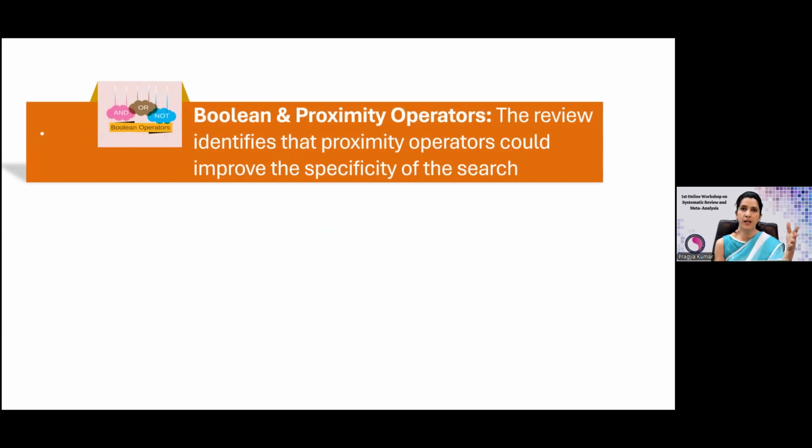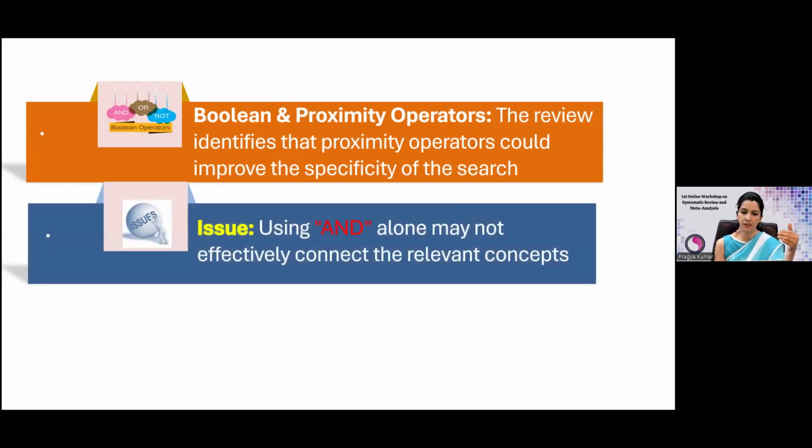We have not talked much about the proximity operators, because in PubMed, the proximity operator doesn't work. It works in other places, but even if you don't use that, you will get your searches. Use of AND, OR, generally we assume that all of us know well how to use this.